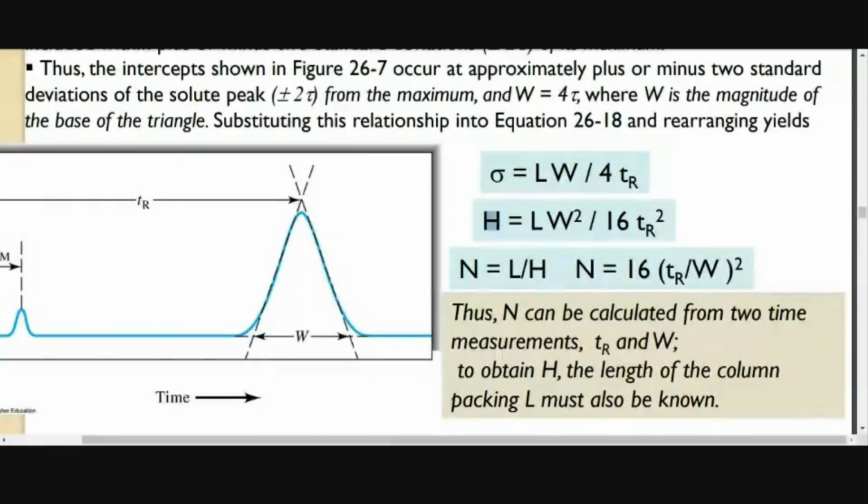So H will become LW square divided by 16 TR square. Now we know that N is equal to L by H. So N, the number of theoretical plates, becomes 16 into TR upon W square.